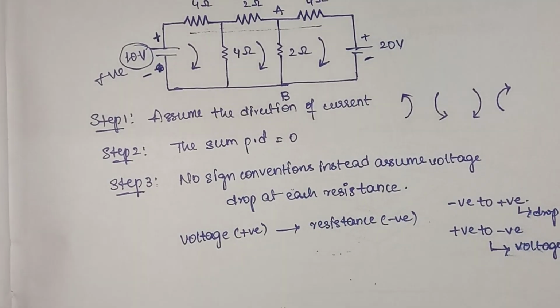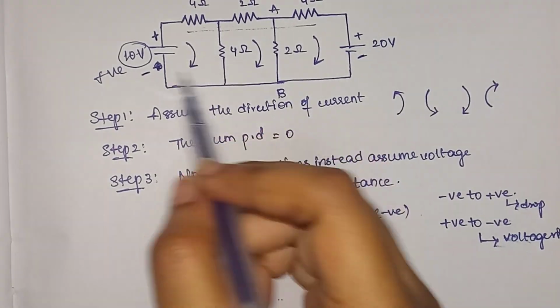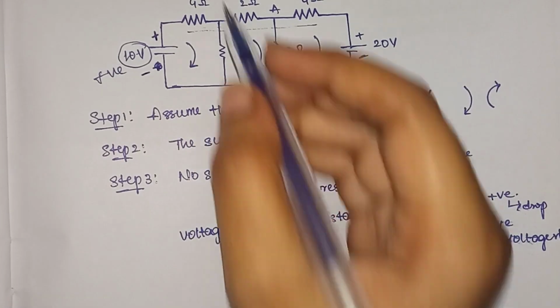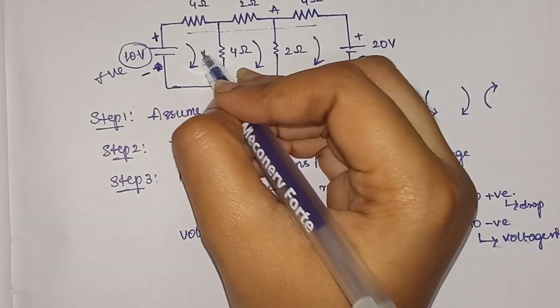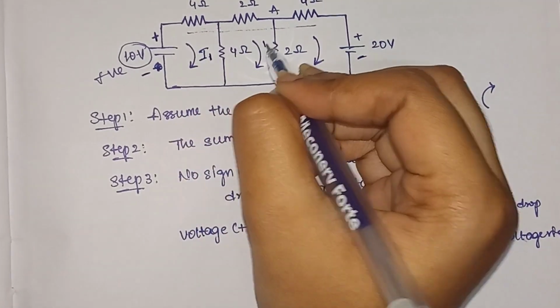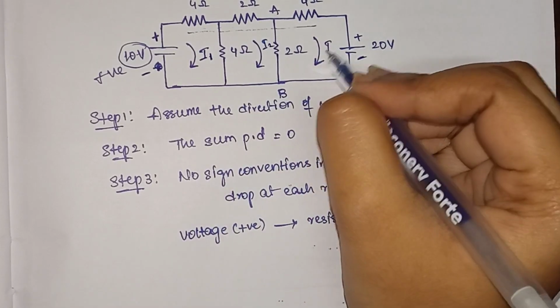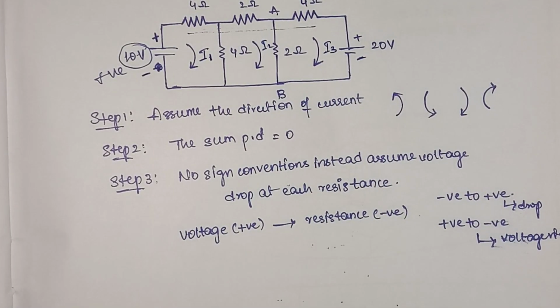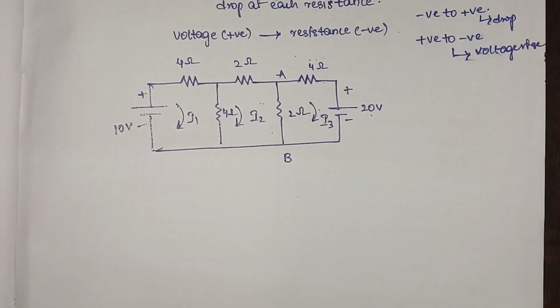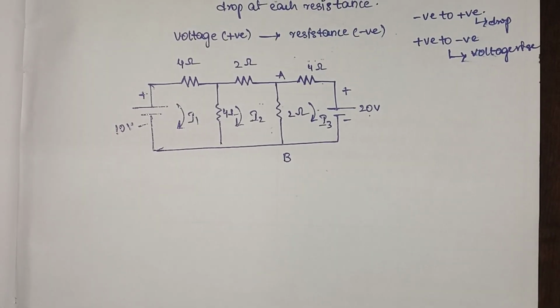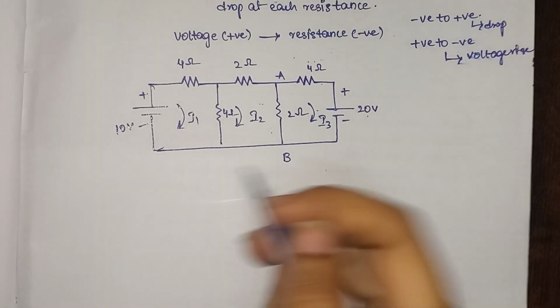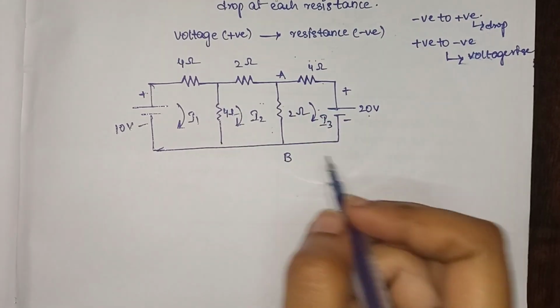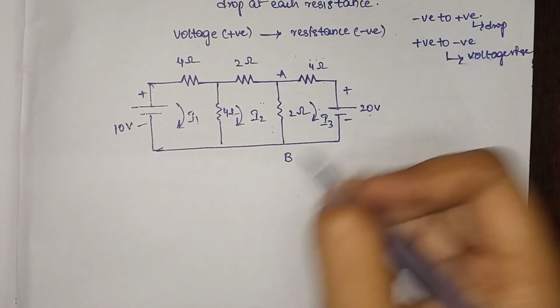Now we will consider the equation for each and every loop. So first we'll assume this current as I1, this current to be I2, and this current in the loop to be I3. Now we will be calculating the mesh analysis using KVL.